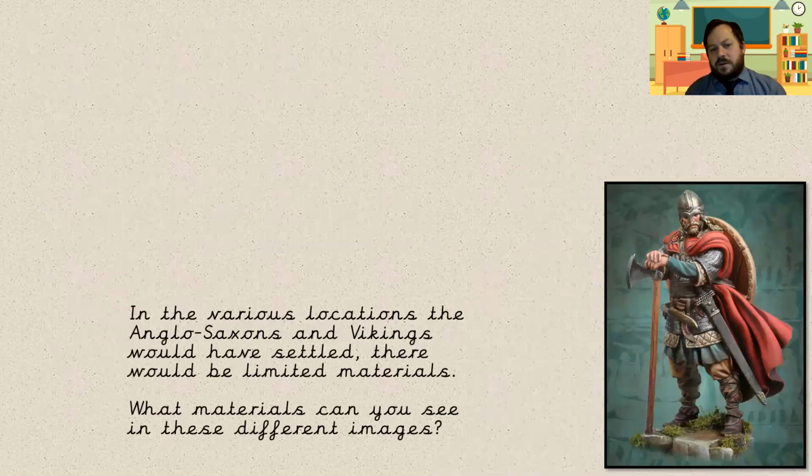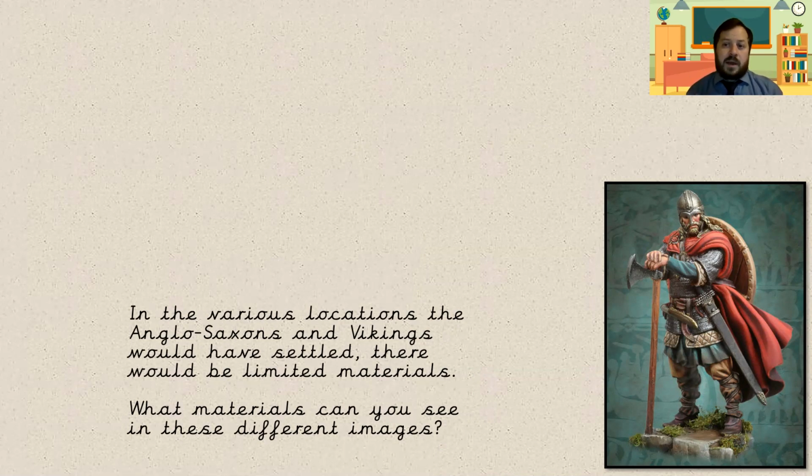So in various locations, the Anglo-Saxons and the Vikings would have settled. There would have been limited materials, and the materials depended on the place in which they settled. So what we're going to do is have a look at a few images. And whilst you're looking at them, I want you just to think, what's in the image? What can we see?